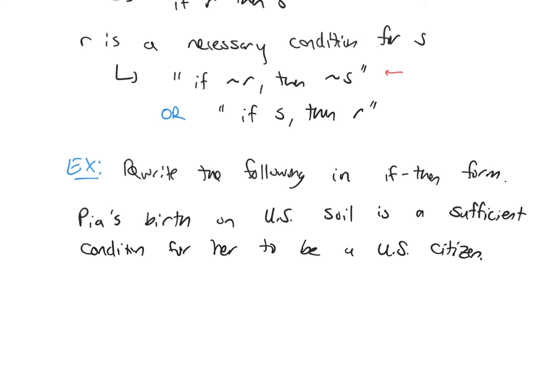So let's identify what is our R. Pia's birth on U.S. soil. This is our R. Is a sufficient condition for her to be a U.S. citizen. That's our S. So remember, how do we convert sufficient condition?